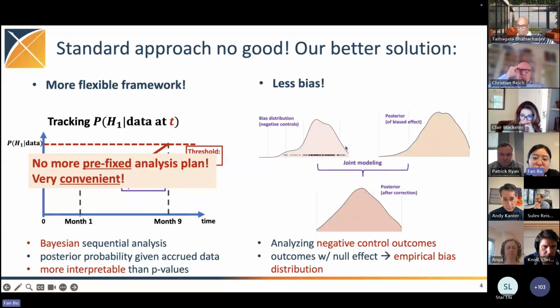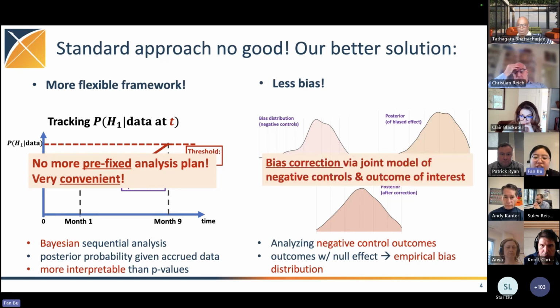Through a Bayesian joint model for all the negative controls and the outcome of interest, we can jointly get an estimate for the effect size of interest that is bias corrected. And more importantly, we can do this adaptively over time in this sequential analysis framework, which presents a very coherent statistical solution that preserves all the nice properties.